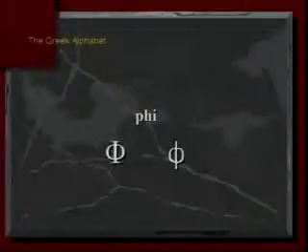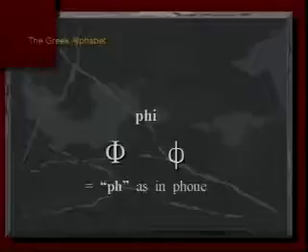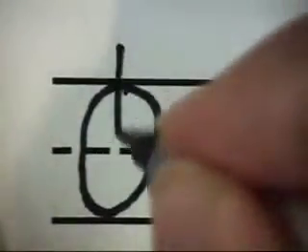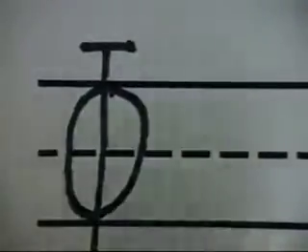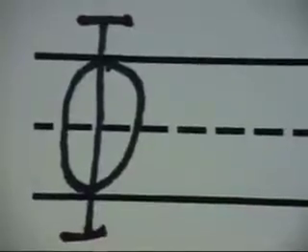The next letter in the Greek alphabet is going to be your phi. You see what it looks like in typed print, and in terms of the handwritten process, this is what you see for the phi itself. The phi starts with what looks like an O in its uppercase, only to split it with what looks like a capital I. Okay?